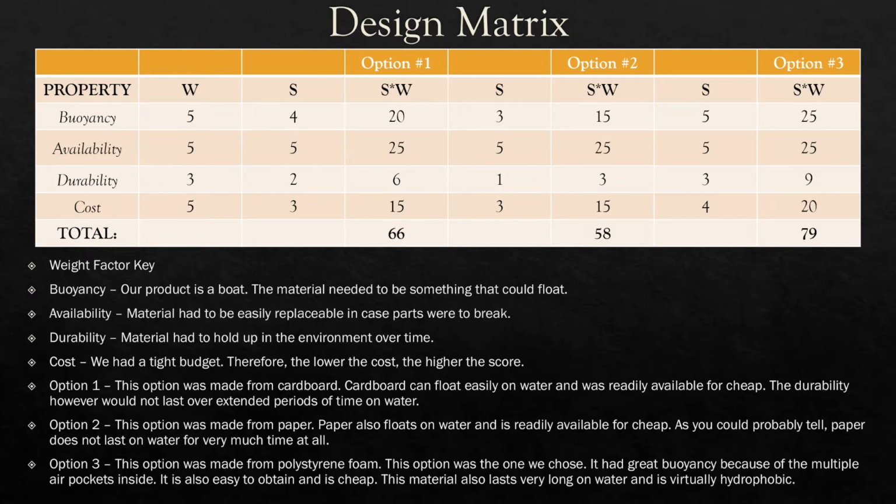Option two was a boat made out of paper. This one's kind of obvious why this one had a low score as well. Paper doesn't last very long on top of water, even though it is cheap and it does float on top of water.